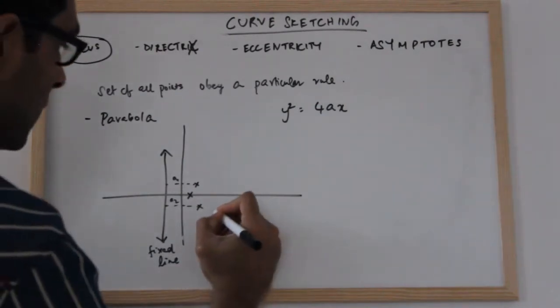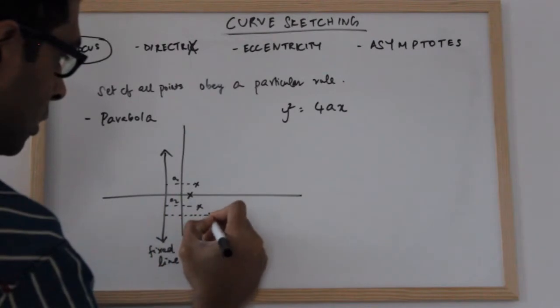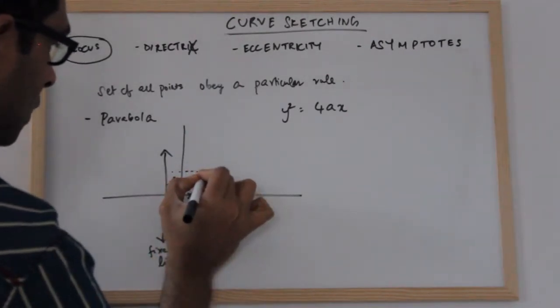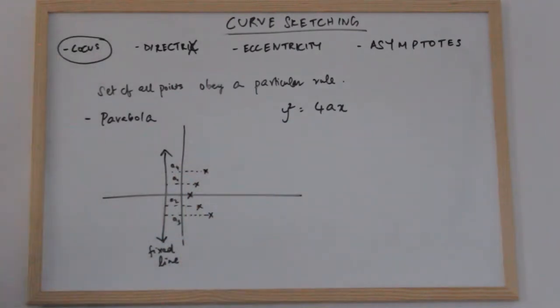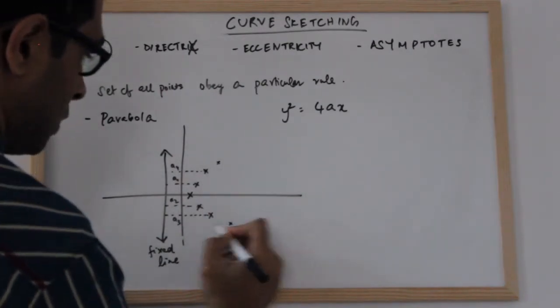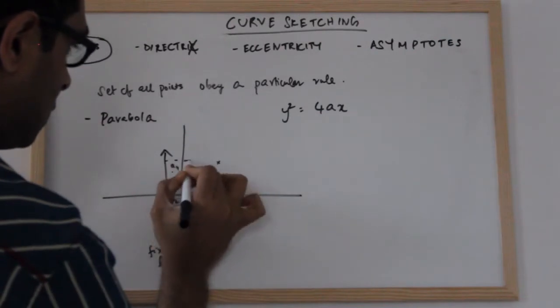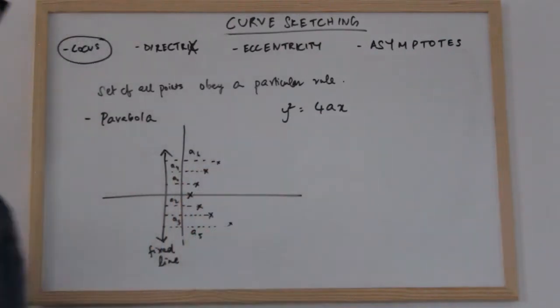The next point will be A3, A4. Our another point will be A5 and A6.